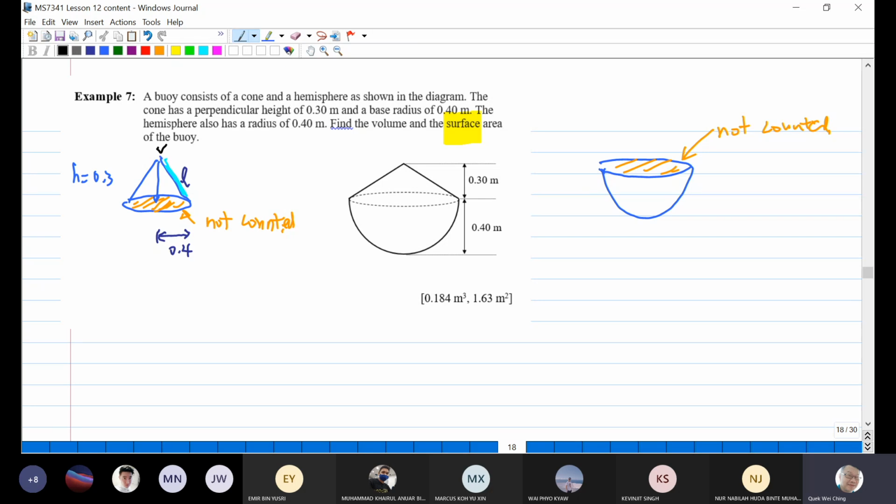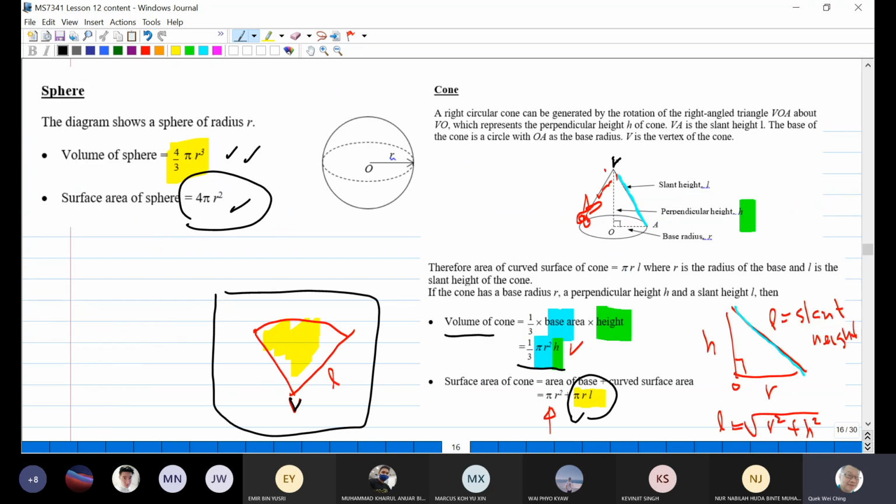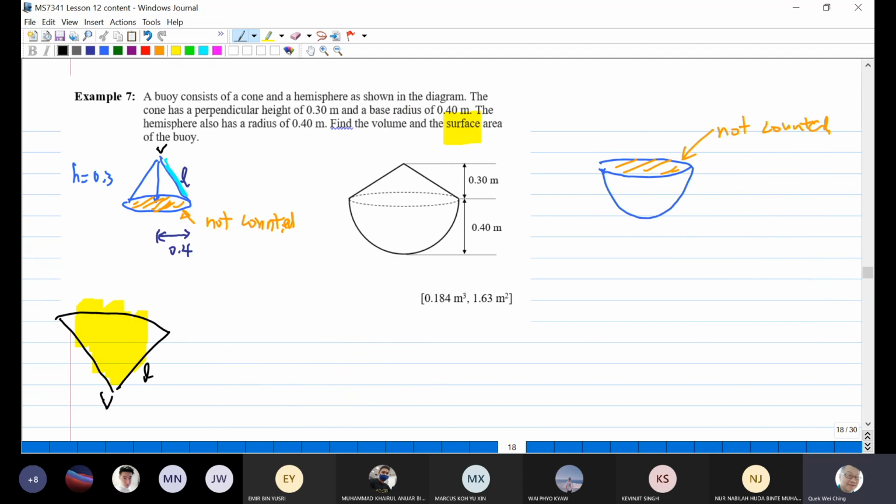It's something like this surface, V, this is L. The surface, which looks like the yellow part here, according to the formula, is pi R L. So this area is actually pi R L here.